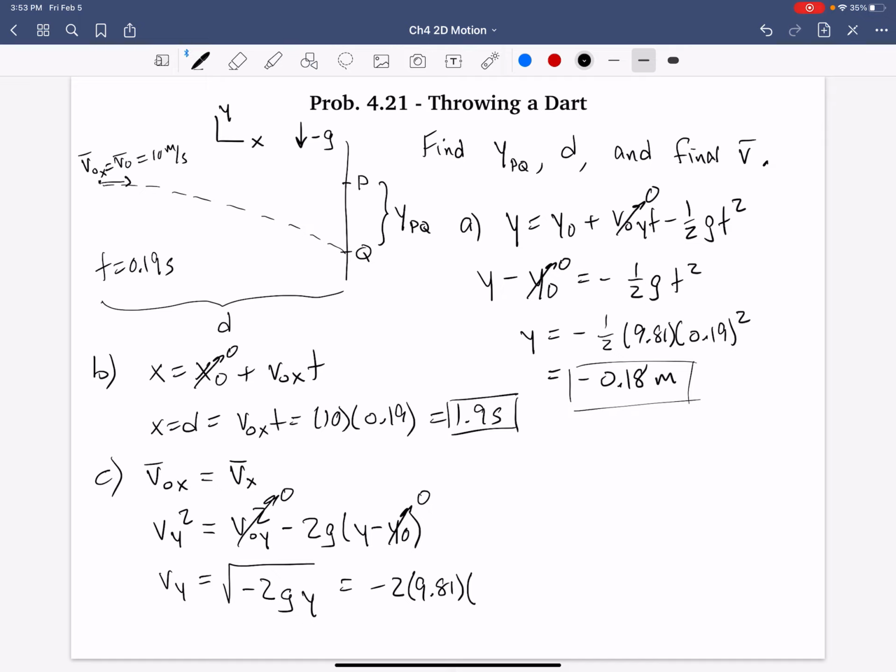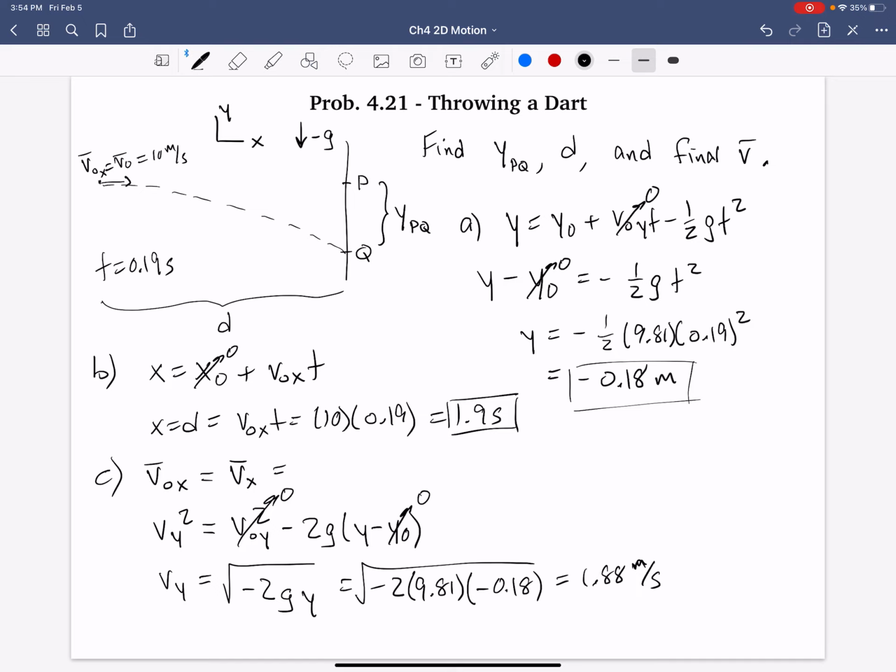The y, the final vertical height from our part A, that's where the negative sign comes from to cancel out the other one. Now we can take the square root without math exploding, and we should get a value of, checking my notes, 1.88 meters per second. And so we have that component.